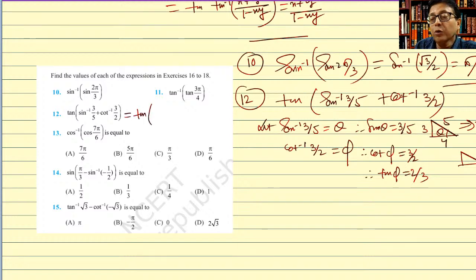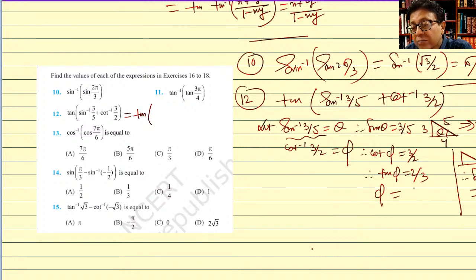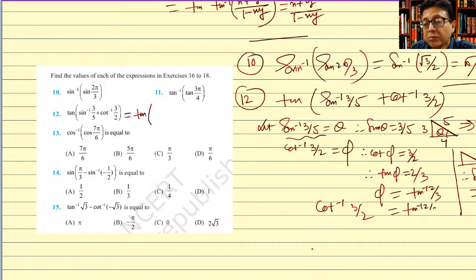Tan of, both are expressed in tan inverse. Theta you got. So sin inverse 3 by 5 changed to tan inverse 3 by 4 here, and phi is cot inverse, which we can use as a formula.